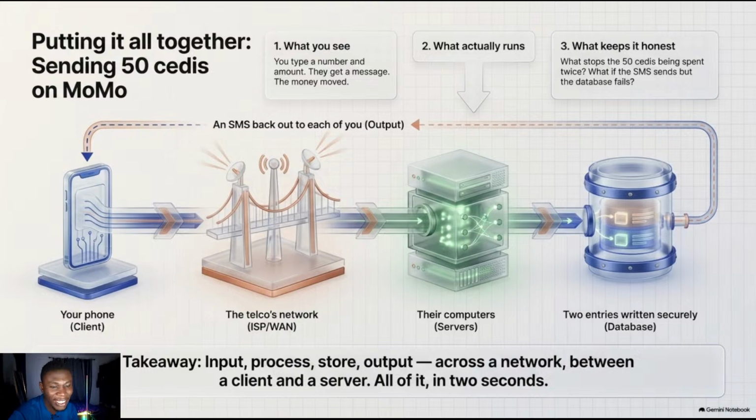So the client side is doing the input, the server side is doing the processing. The database has stored it so it can give you your balance, and then it will output it for you. I hope you get it.